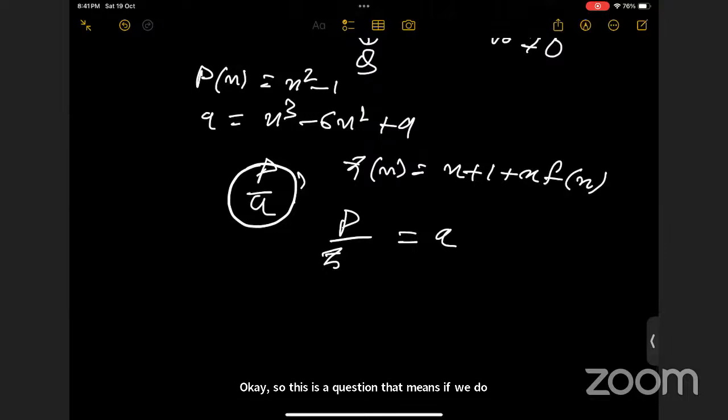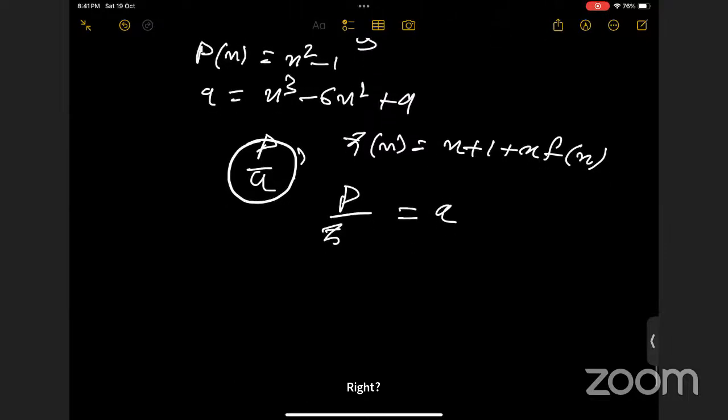Yes, ma'am. So what do we have to do with this? What is the question? Consider a polynomial, with the help of p(x), q(x) and remainder. Okay, so you have two polynomials and now you can multiply them. Then you have to calculate the value of f maybe, right? Yes, ma'am.